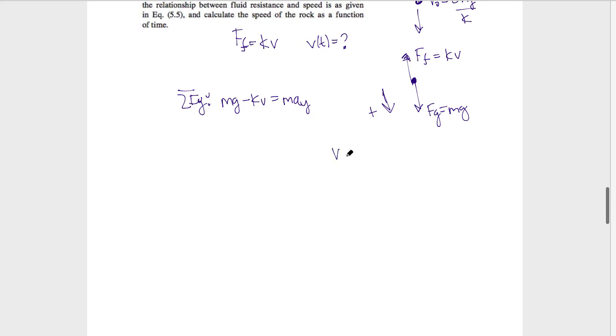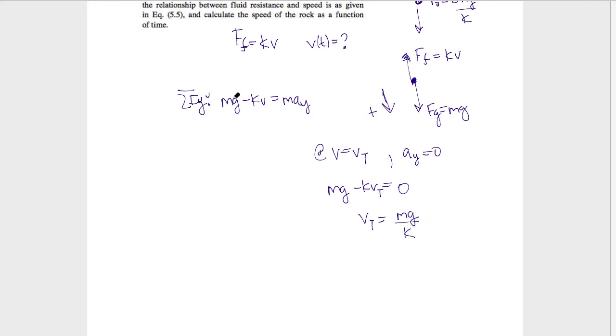So v will eventually be equal to v terminal. And when does that happen? That means that acceleration is 0. So that would be the case where mg minus k v_t is equal to 0. So if we solve for v terminal, that would be mg over k.